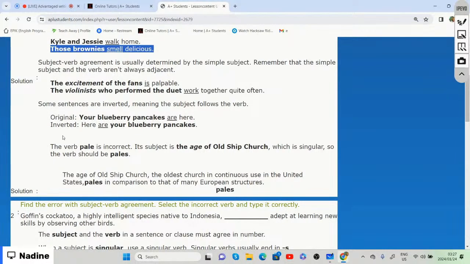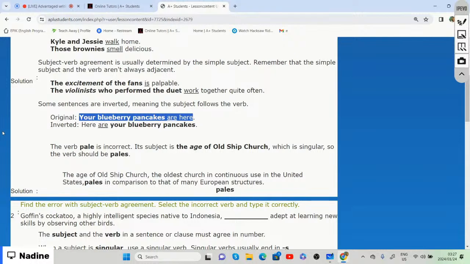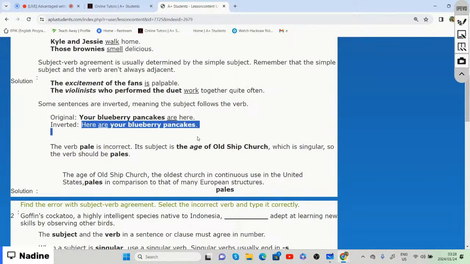And if we now look at the bottom with our sentences that are inverted, this is how we can rewrite it in order for it to be inverted. The original sentence would be, your blueberry cupcakes are here. But the inverted sentence would be, here are your blueberry cupcakes. And that is where the subject goes after the verb.